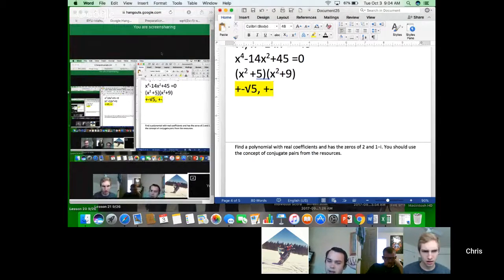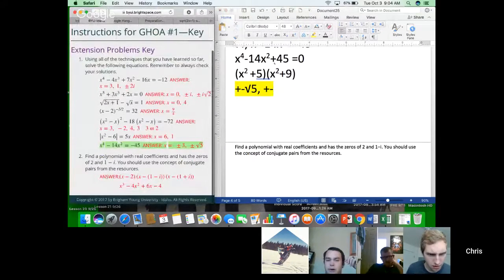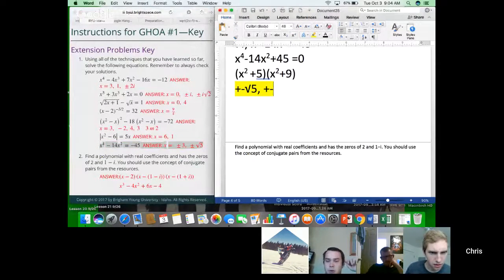What's her answer key again? Show the answer key. She wrote it wrong. The problem we're supposed to do is plus 14x, but she wrote it as negative 14x. She actually wrote it wrong. Busted.